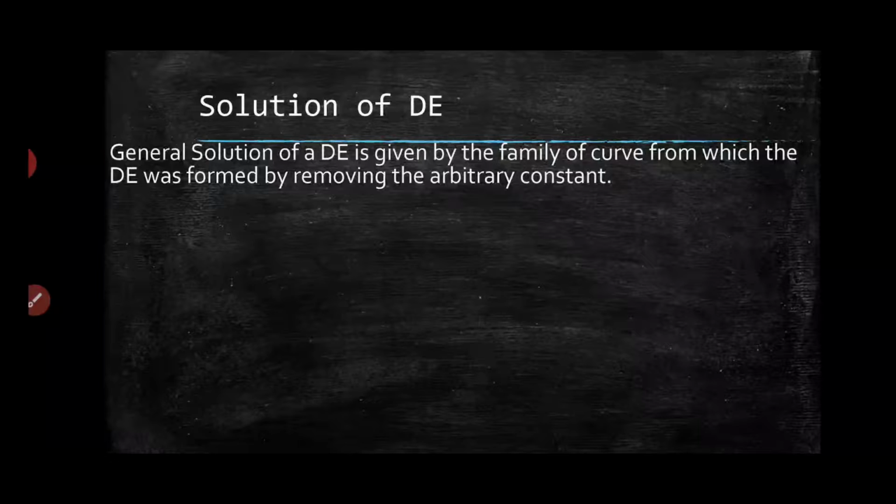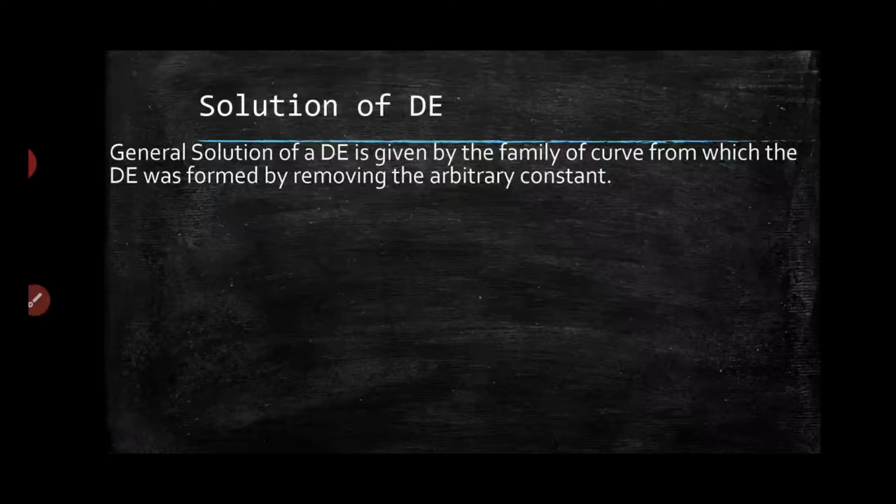You were given a family of curve, you did some derivative on it, and you arrived at an equation where you have only the variables x and y and the derivatives, that is dy by dx, d2y by dx2 and so on. So the very family of curve from where you started and you found that differential equation, if you just reverse the process, then the family of curve can be called the solution of the differential equation, or rather to say the general solution of the differential equation.